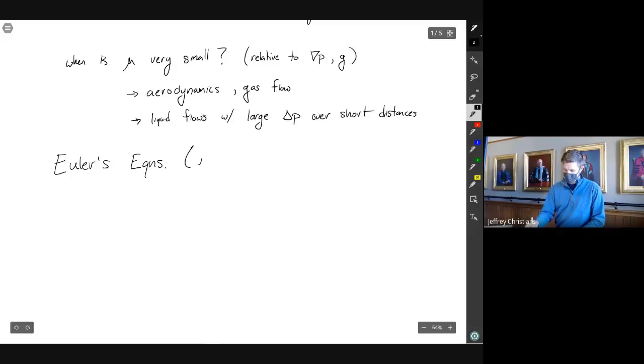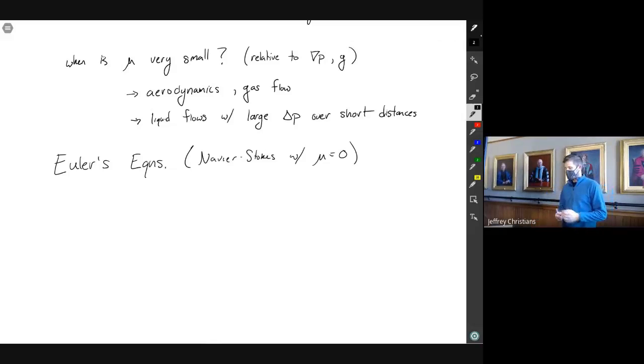So this is basically Navier-Stokes if we set mu equal to 0.